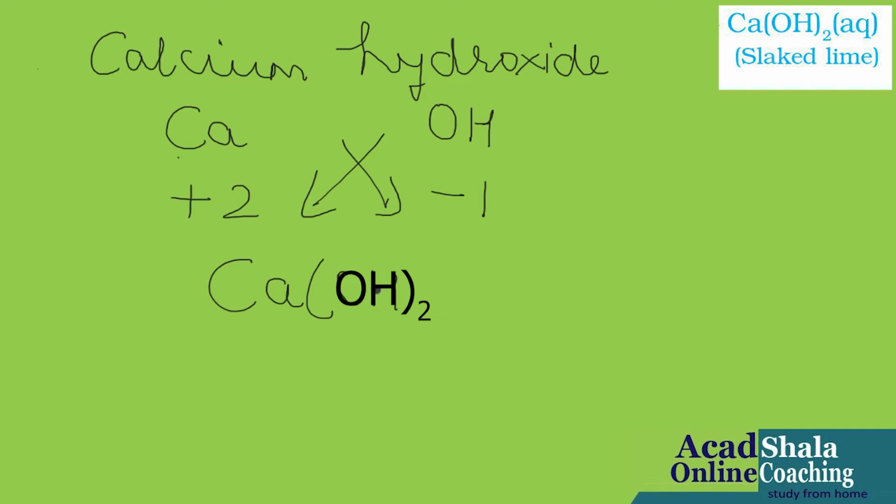Ca plus 2, OH minus 1, criss cross, Ca(OH) whole twice.